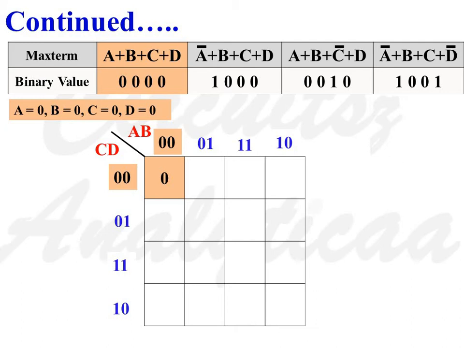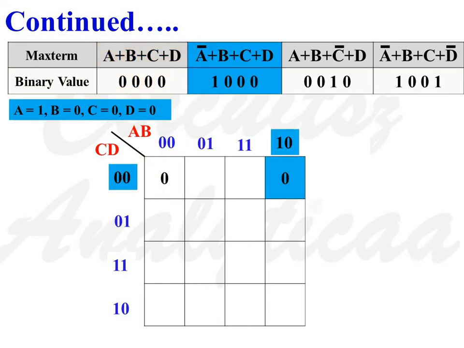So in this sum term, as all variables are in true form, we can write the binary value 0, 0, 0, 0. Locate this cell on the K-map, and the corresponding cell is filled with 0 as we are discussing the product of sums expression.